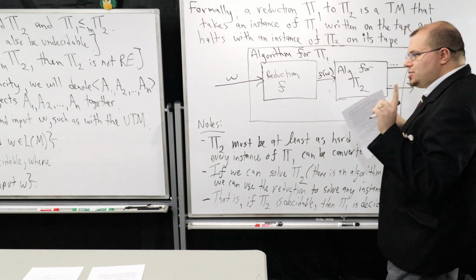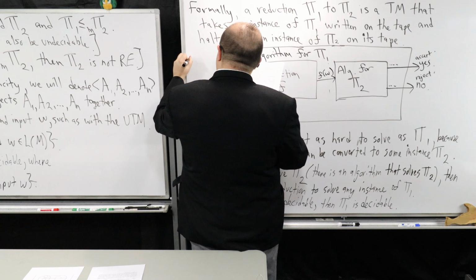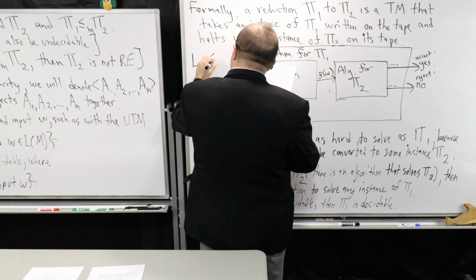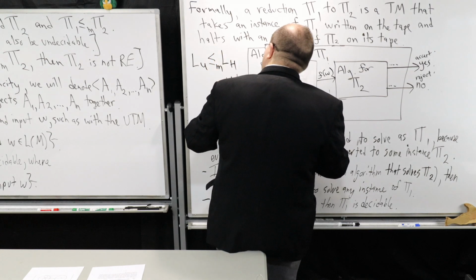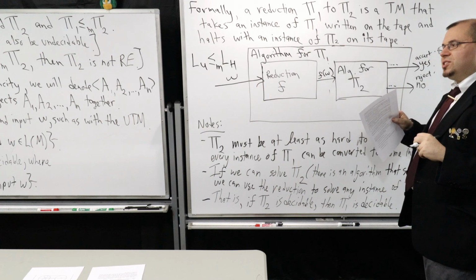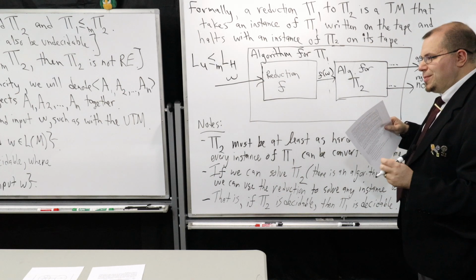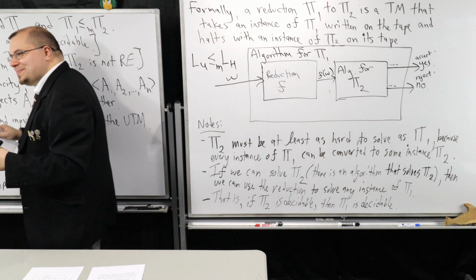So what I would like to do, as I said earlier, is show that there's a reduction, so that the universal language reduces to my halting problem. Some people call it the halting language.